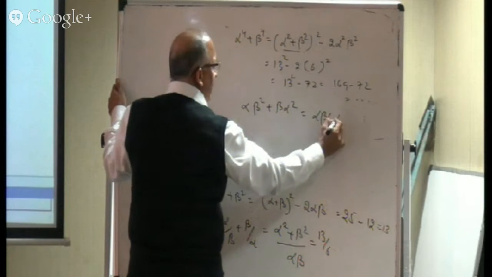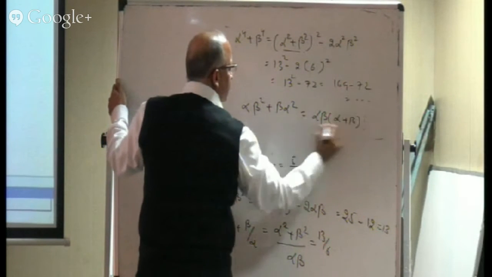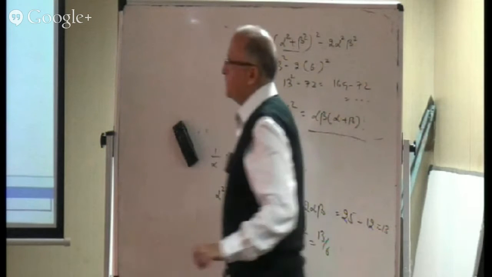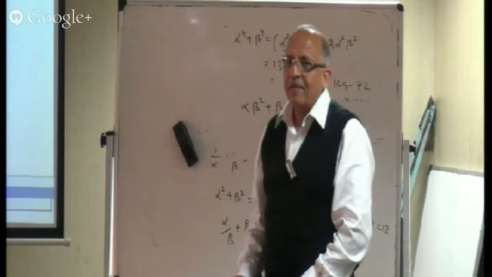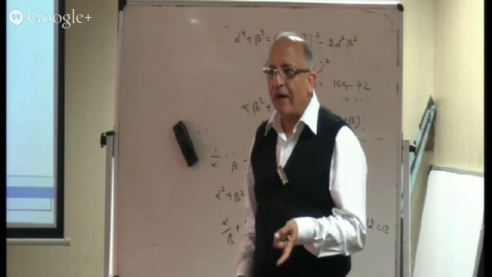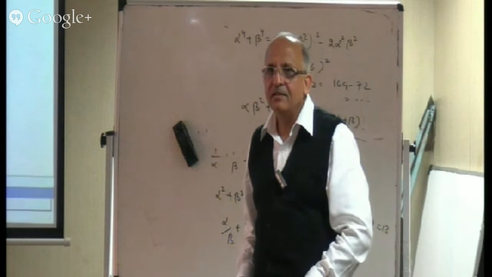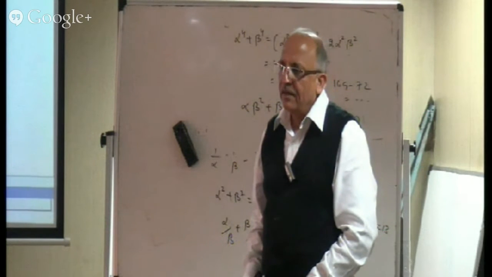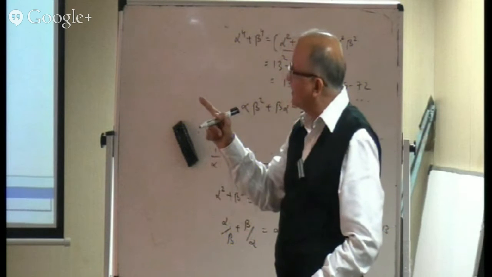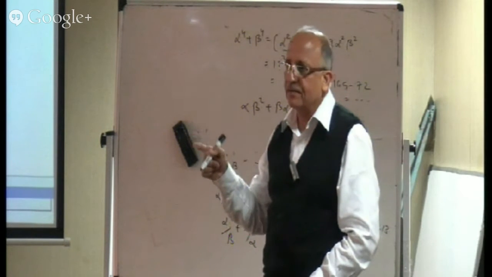Take out alpha beta. But here the problem is a bit different. You have to find an equation whose roots are this. Okay? It's not that you have to find the expressions.